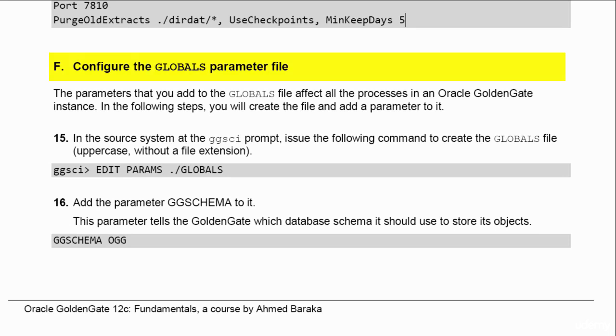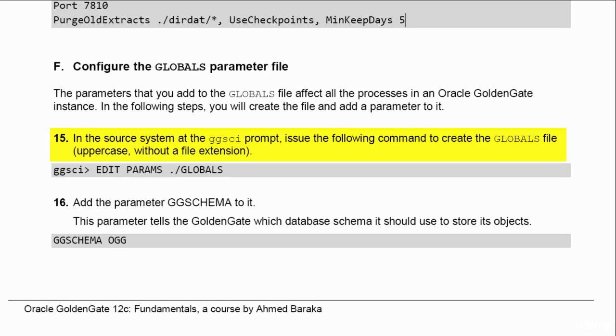You need now to configure the GLOBALS parameter file. The GLOBALS parameter file affects all the processes in a Golden Gate instance. In the following steps, you will create the file and add a parameter to it. In the source system at the ggsci prompt, issue the following command to create the GLOBALS file. Make sure the GLOBALS file name is all in uppercase.